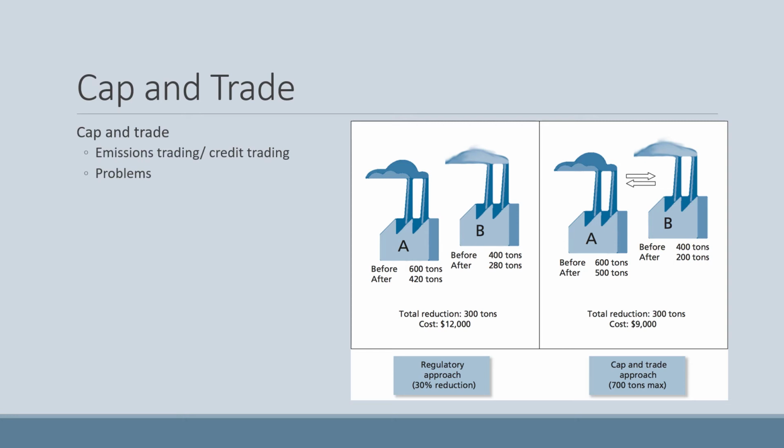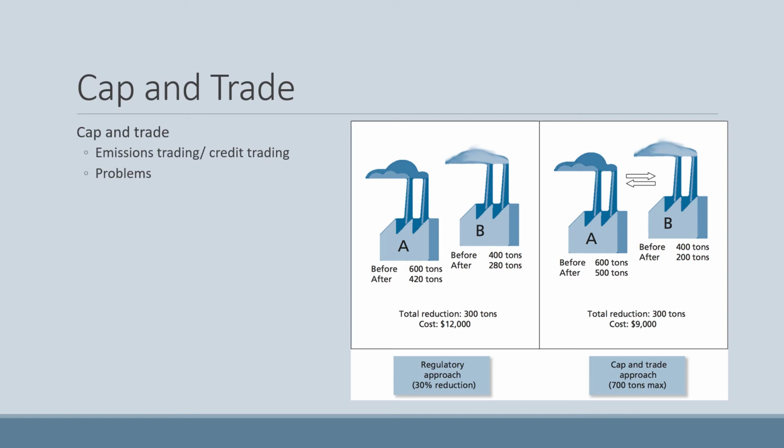So while company A may do a tiny bit of reduction, company B, who does more reduction, can basically sell its extra credits that it doesn't need to company A, because it may be cheaper for company A to buy extra credits rather than try to pull their emissions down as much as company B did. Okay. We saw cap and trade become a big thing when we were dealing with acid rain, and we'll talk a lot about acid rain when we talk about air pollution.